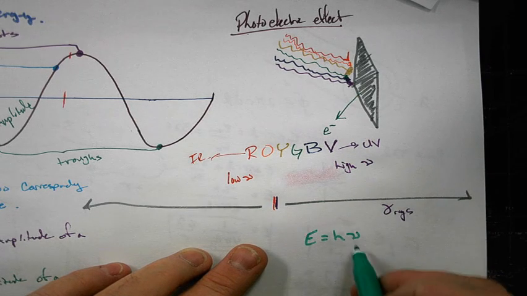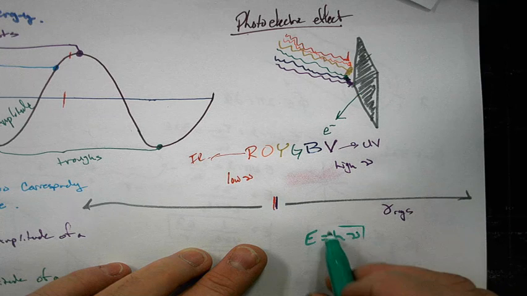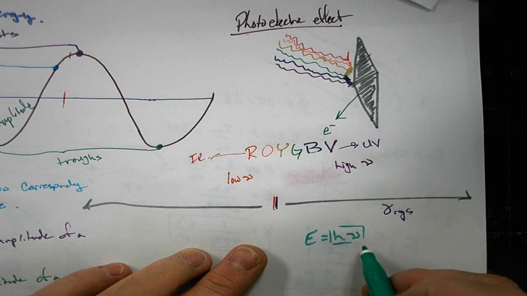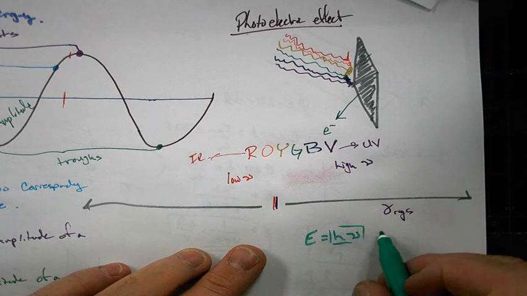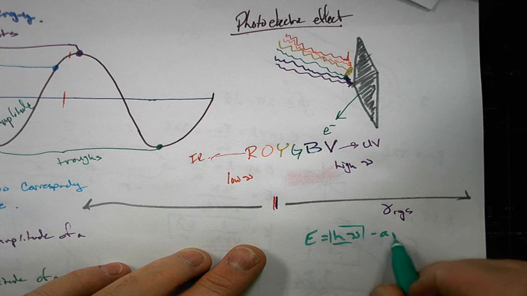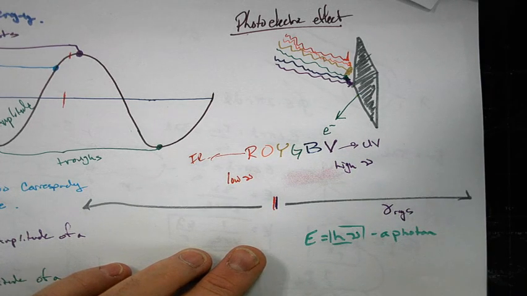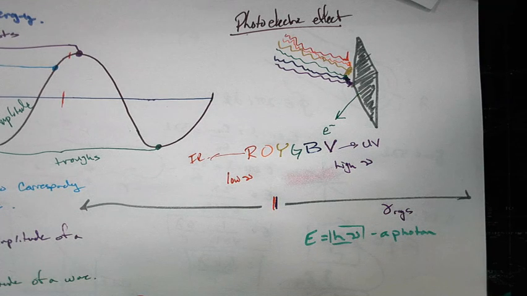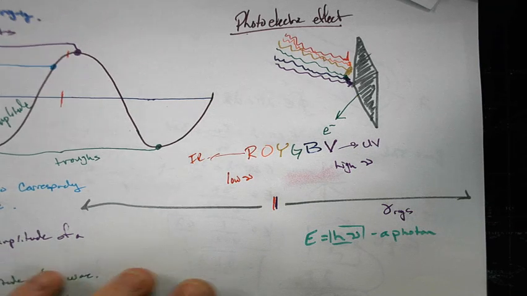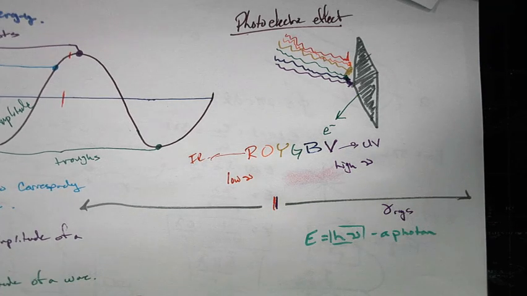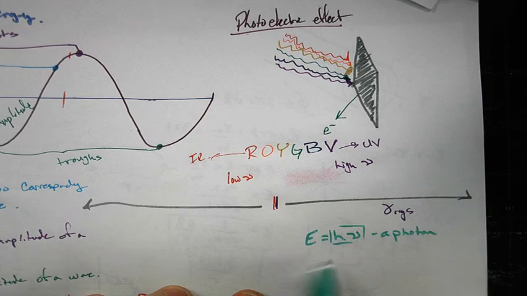This amount right here is the amount of energy from a photon of light, a single photon of light, which is a teeny tiny little packet of energy. It's like a particle of light, which is where we get kind of weird, because now we start talking about wave and particles, about light, and that's a lecture for another day.